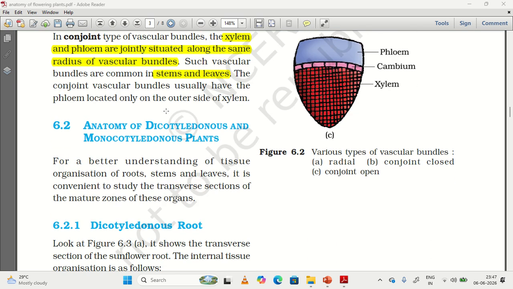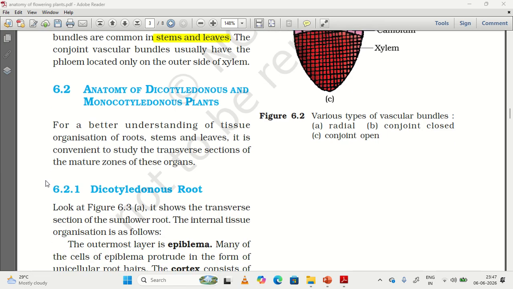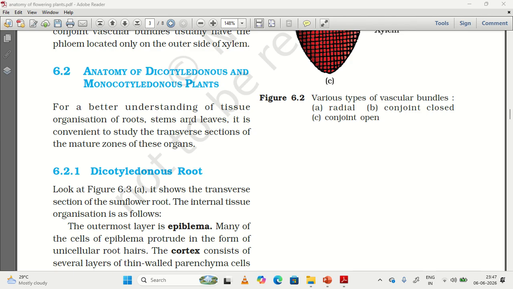So to get a much clearer picture, we should get into more detail. For a better understanding of the tissue organization of roots, stem and leaves, it is convenient to study the transverse section.